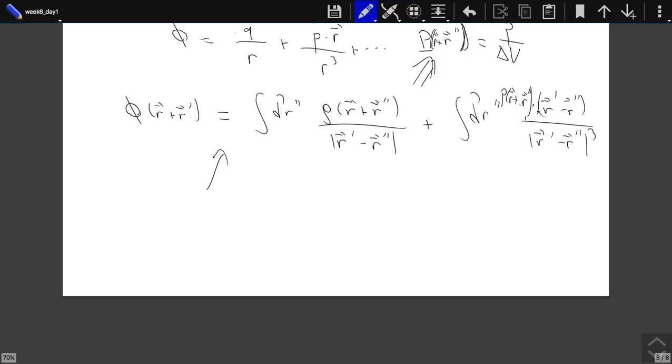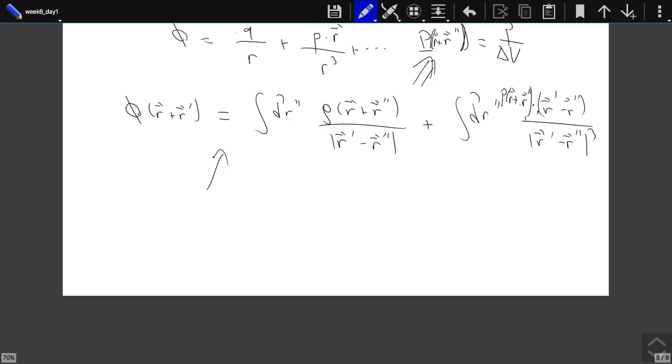But is it possible that r double prime is equal to r prime? That seems to be one problematic region. Well, the boundary terms, we are ignoring their contribution, because compared to all of the volume they give a very small contribution.